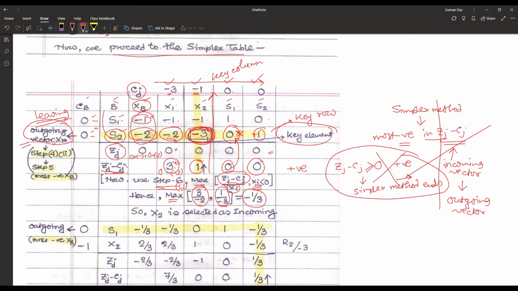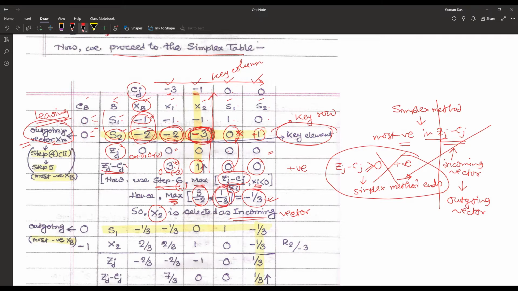Then we choose the incoming vector by dividing Zj minus Cj by the non-negative elements, and among them, the one which is maximum we consider, and that must be our key column. So here x2 has been selected as the incoming vector.